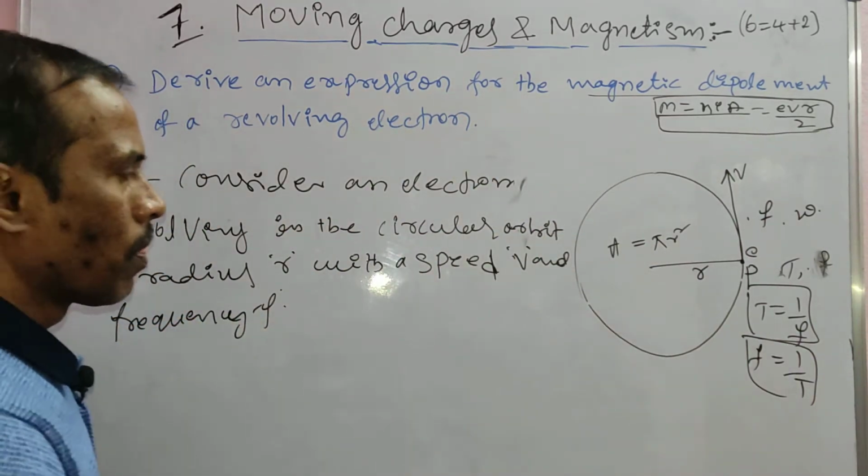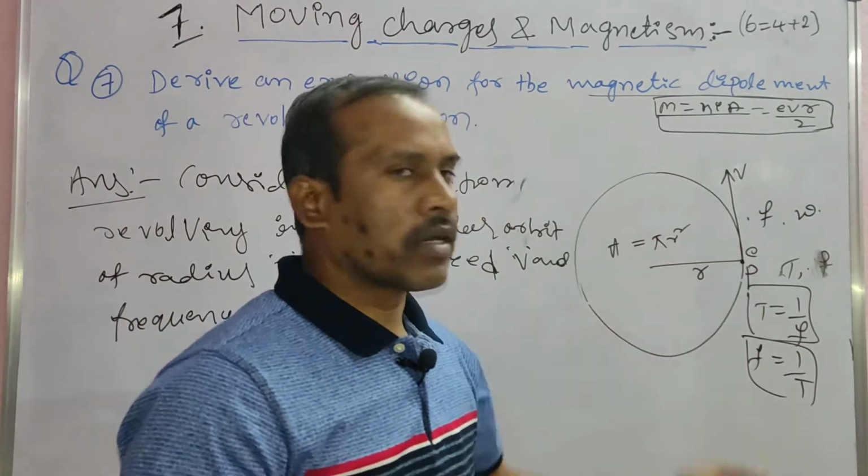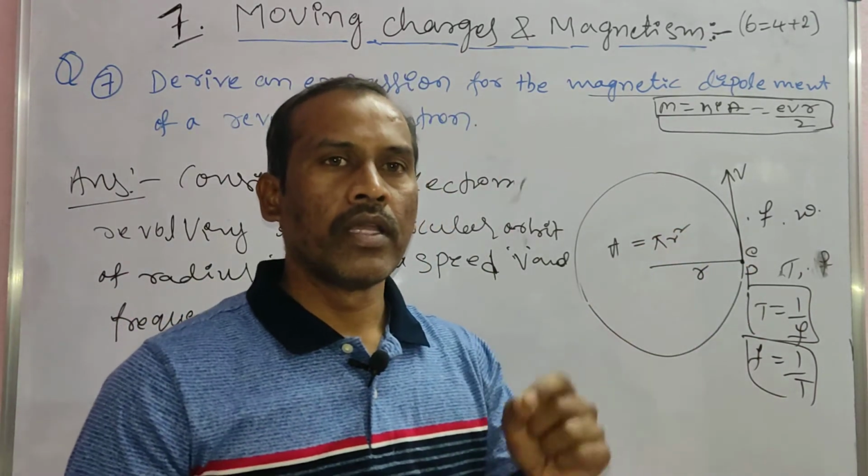Now this revolving electron produces an equivalent circulating current.